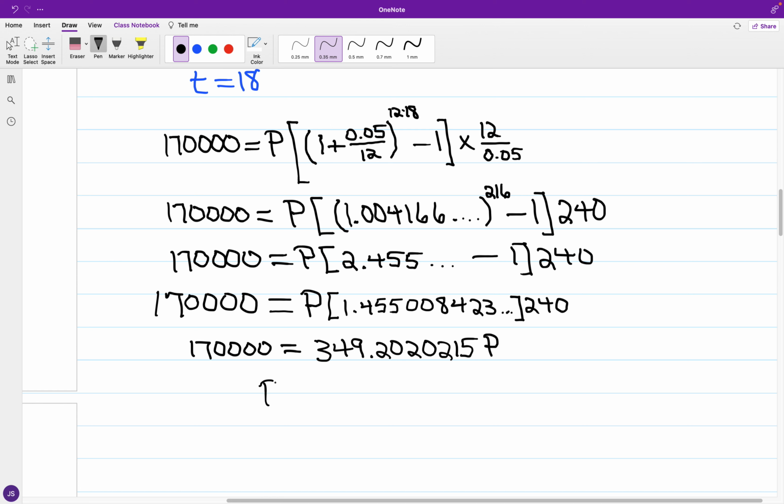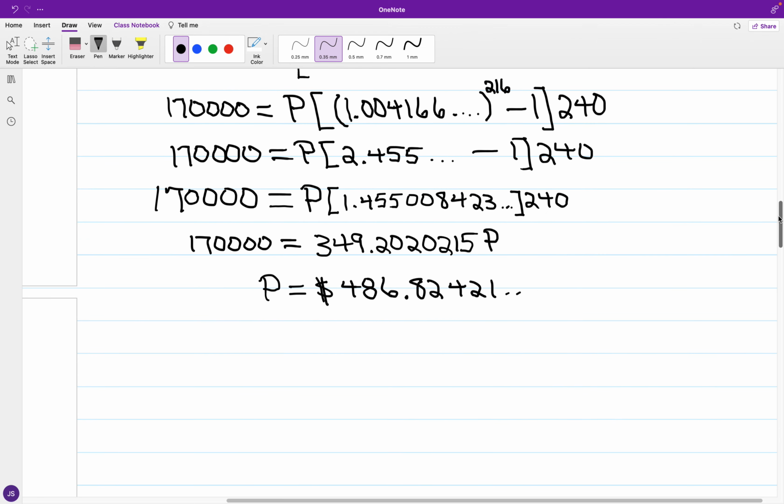And putting it in terms of dollars and cents, right now we have on display 486.82421. Again, we're looking at rounding to the next penny, not the nearest penny.